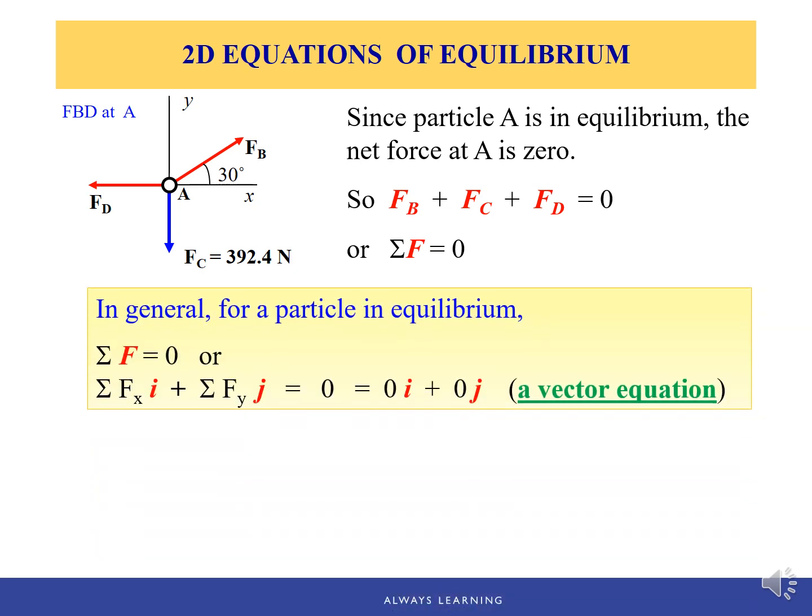Now, in general, for a particle in equilibrium, this is the equation we are going to use. For a vector to be 0, since we said this is the net resultant force vector, all the components should be 0, meaning the sum of forces in the x direction and the sum of forces in the y direction both need to be 0 to have a 0 vector.